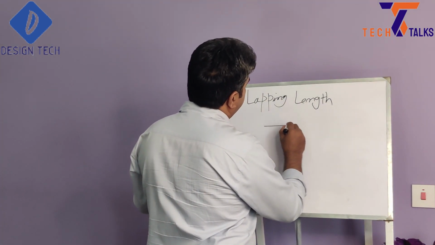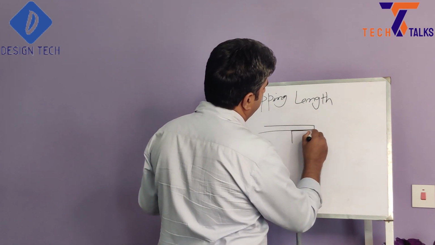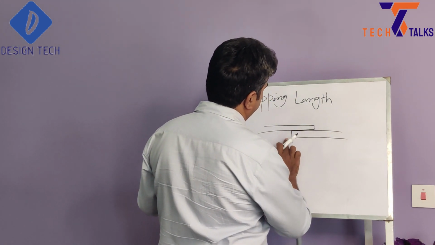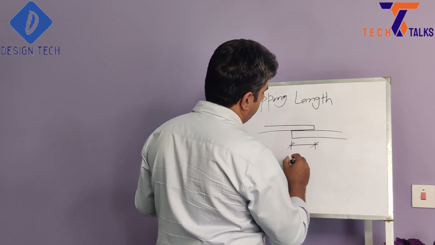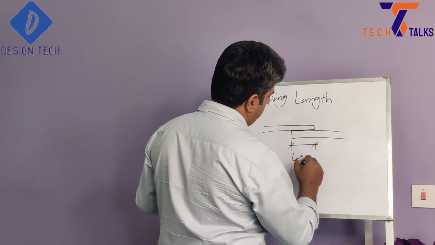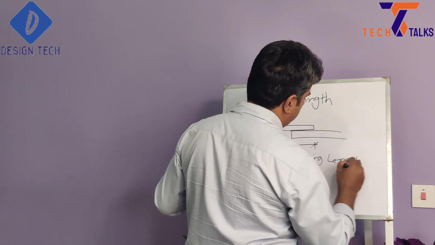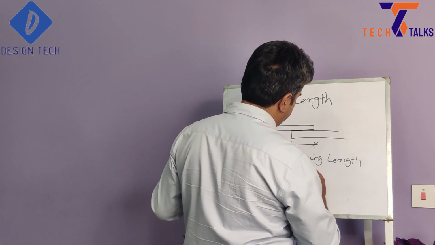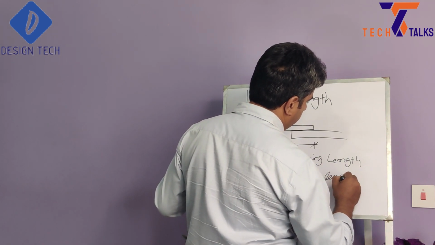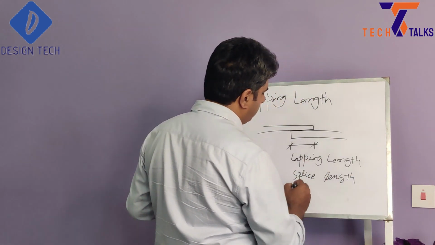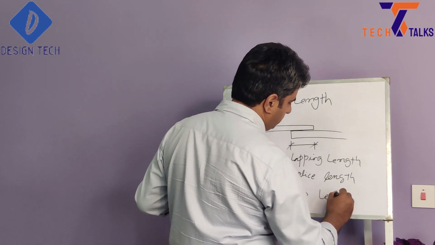Suppose this is our one bar and it's another bar. So this lapping is called lapping length or splice length, or simply we call it lap length.